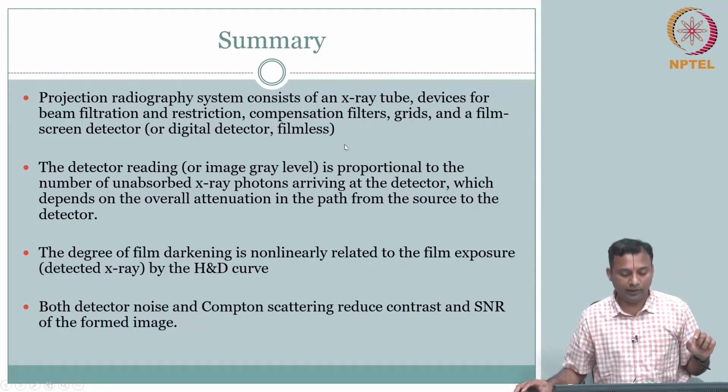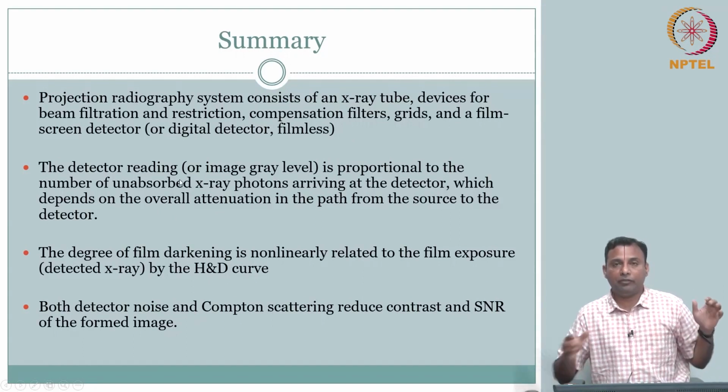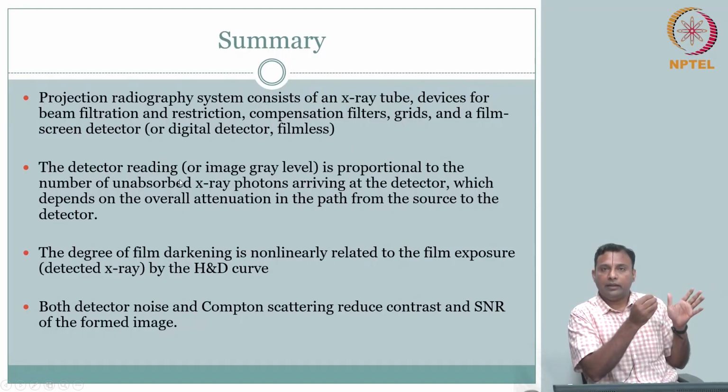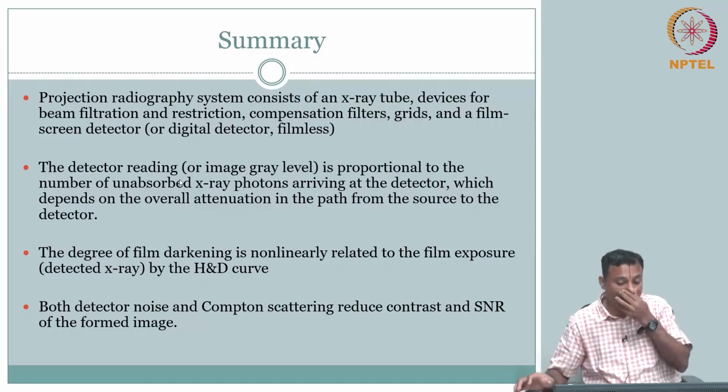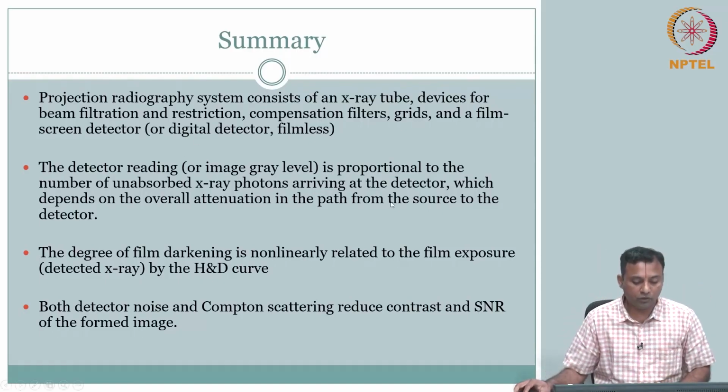And then we talked about, after it hits the detector, how the input X-ray exposure is converted to light photons, how that exposes the film, and the development of the film. So, detector reading is proportional to the number of unabsorbed X-ray photons, which depends on the overall attenuation path of the source.